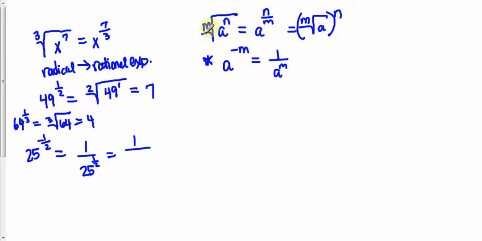This can work either way, so I can go from rational exponent to radical or from radical to rational exponent. This is an equal sign, so it's all fluid through there, right? One can lead into the other one. So this would be 1 over the square root of 25. The understood 2 is out here on the radical, and then the exponent of 1 is right there on the 25. I'm not showing those now. I showed them up here. So this would be 1/5.